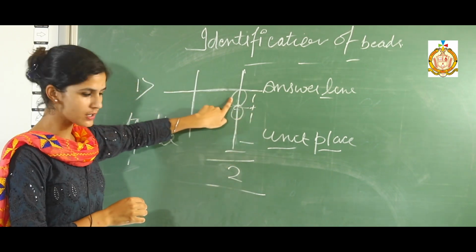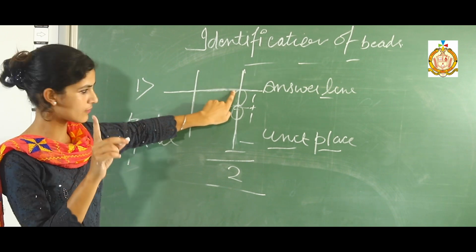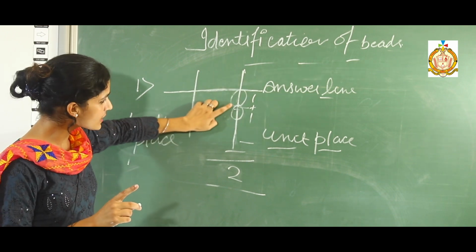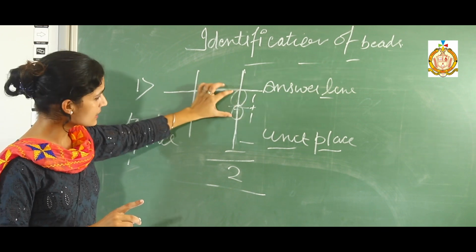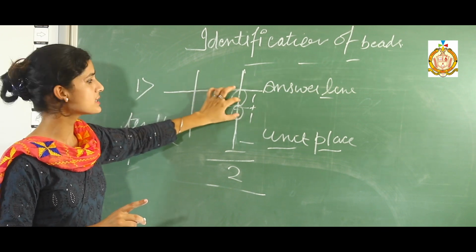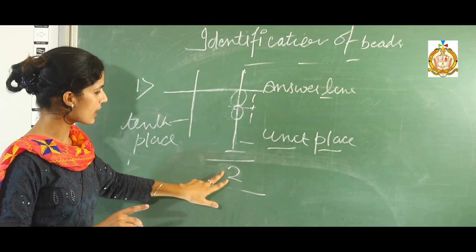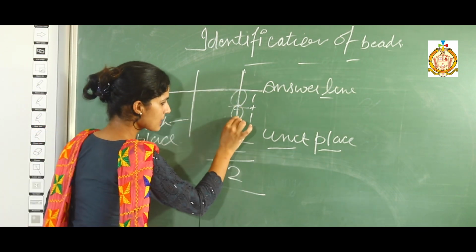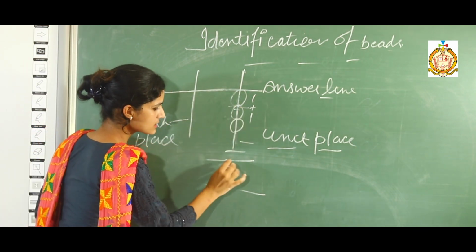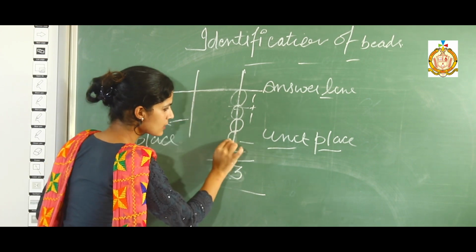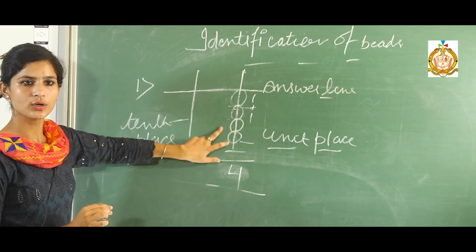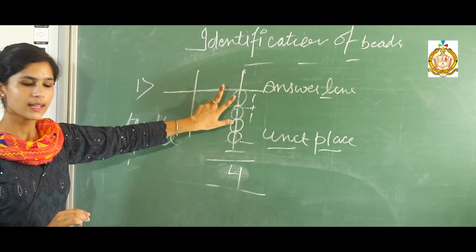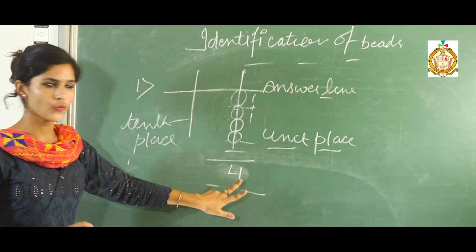Each bead has one value. So the first bead has one value. The second bead also touches the first bead, and the first bead touches the answer line. It means together 2 beads are touching the answer line. It means your value is 2. If I write here 3, then what is the answer? 3. If here 4, then what is the answer? 4. Means 4 beads are touching the answer line. So your value is 4.